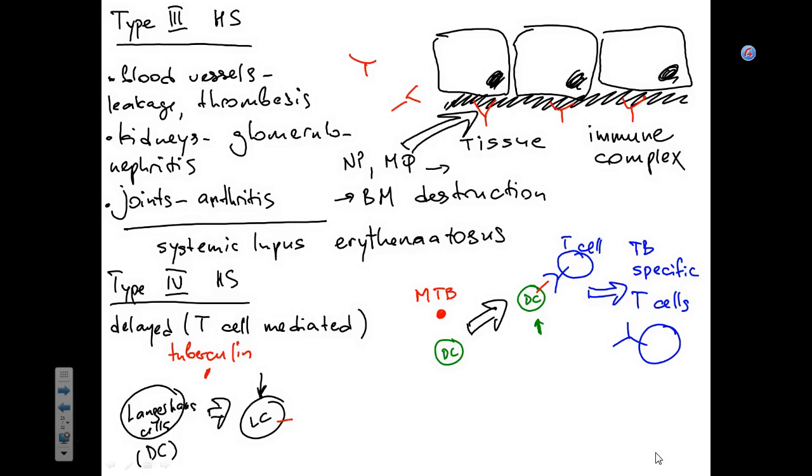They present the same antigen, which means that now this Langerhans cell, by presenting the tuberculin antigen, will stimulate the proliferation of memory cells, memory T cells, that are TB specific, okay?